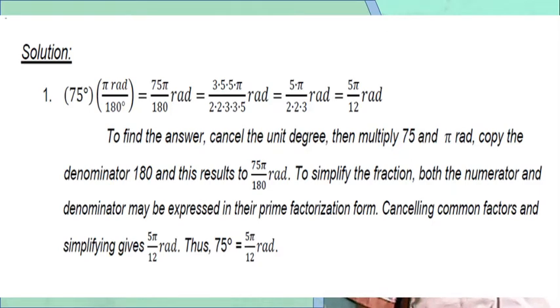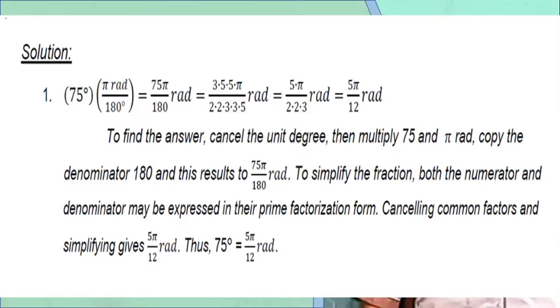Then, they look for the factors of 75 and 180. Common factors are cancelled in order to reduce the value into the lowest form. And then, you're going to put there pi radians after the reduced fractional form.